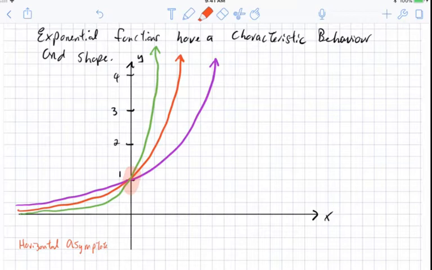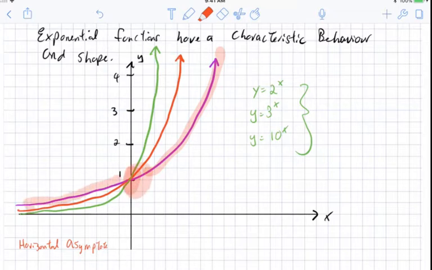One exponential, say y equals 2 to the x, might differ from another exponential, y equals 3 to the x, or a different exponential, 10 to the x. All of these are going to differ in terms of how quickly they go up to the right and how quickly they approach this horizontal asymptote, but they're all going to intersect the y-axis at the same place. Let me explain why that's the case.